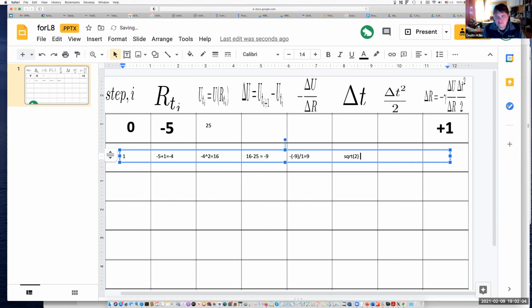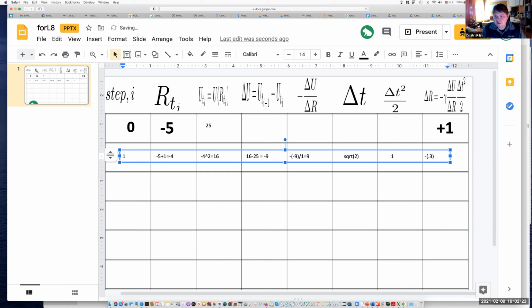Now delta t squared over 2 will be 1. And now I compute this delta r as minus, then this gamma is 0.3.